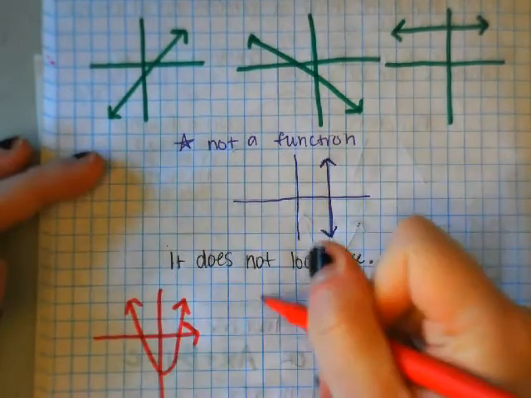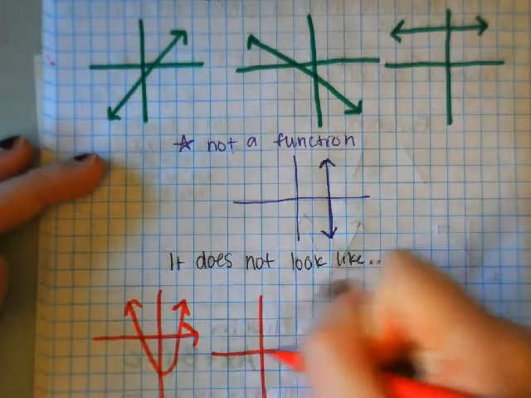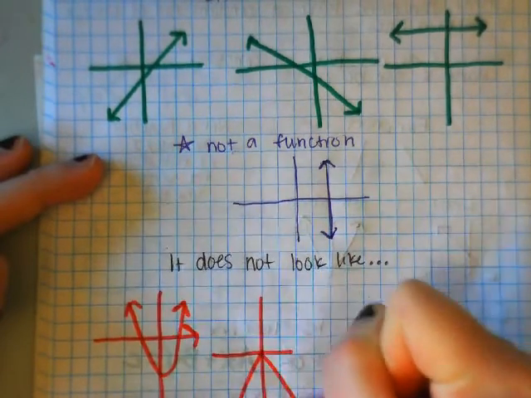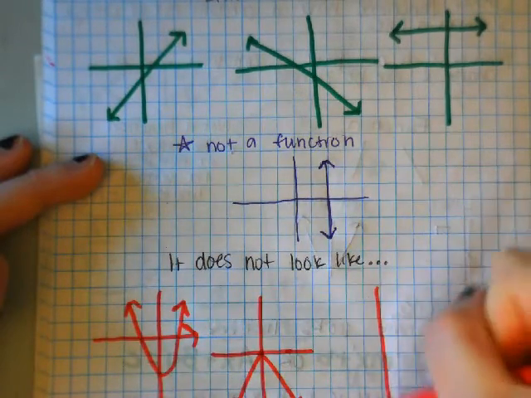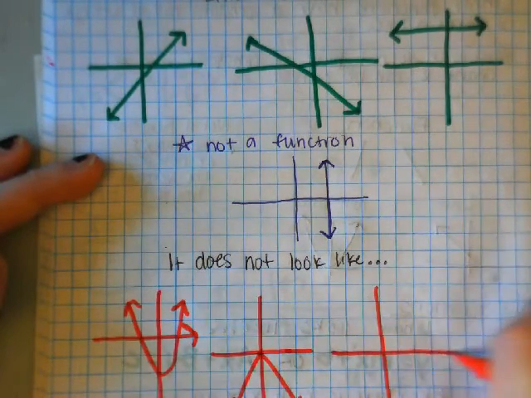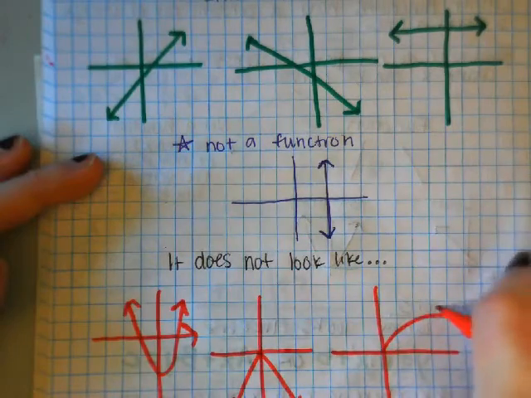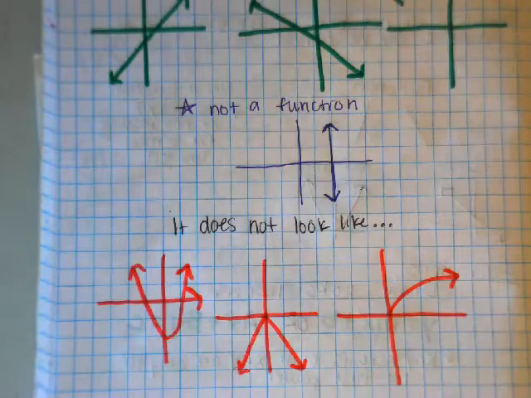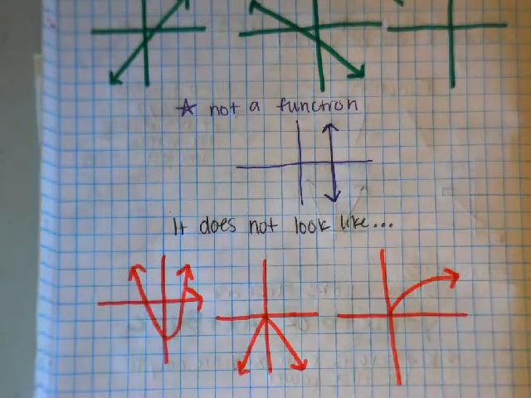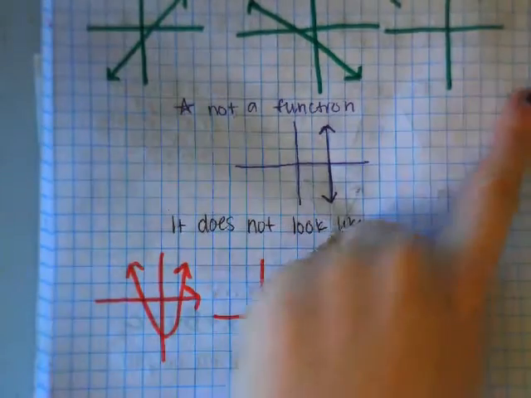This or this or this or anything else that's just like not a straight line, right? If you look at it and it doesn't look like one of these three, then it's nonlinear.